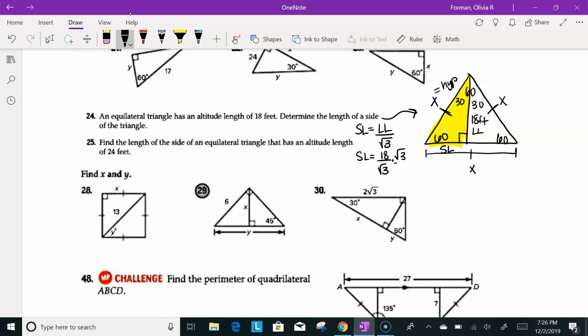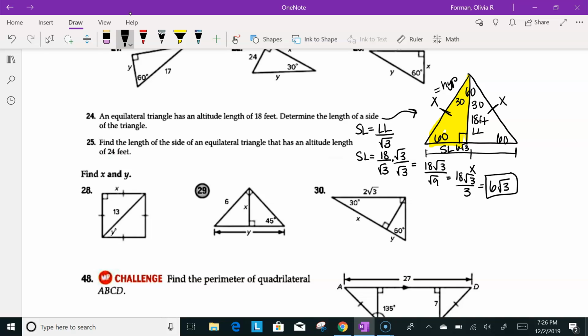We're going to rationalize that, so you get 18 square root of 3 divided by the square root of 9, which is 18 square root of 3 divided by 3. And then 18 divided by 3 is 6, so you get 6 square root of 3. That is your short leg.